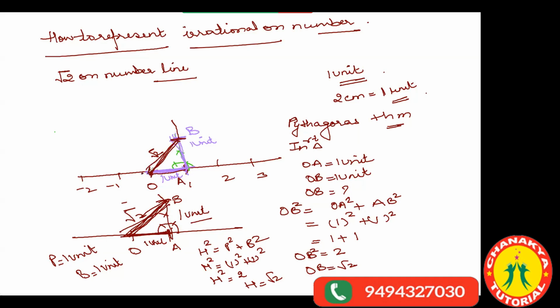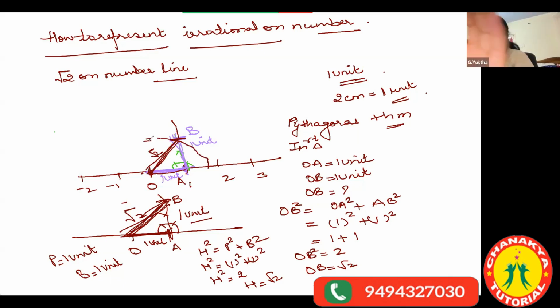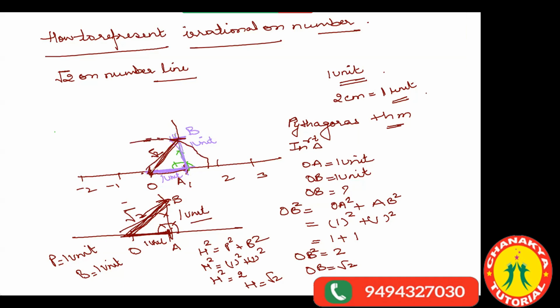Then from here, just draw an arc over here like this. Put your compass at O point, children. Now take OB radius in your compass.